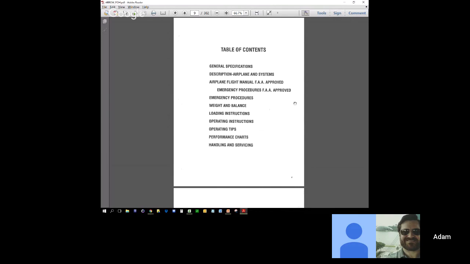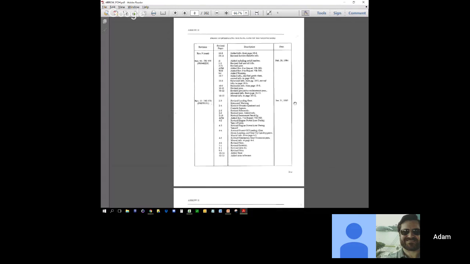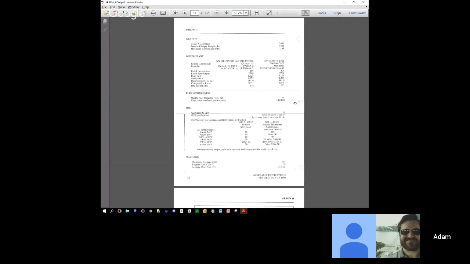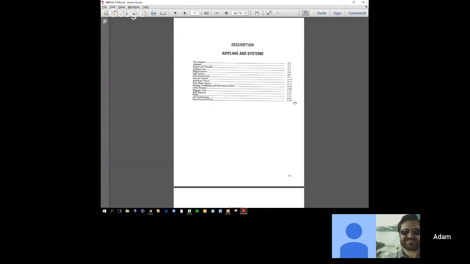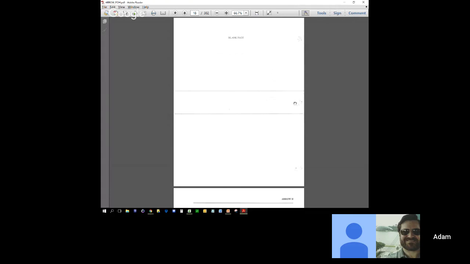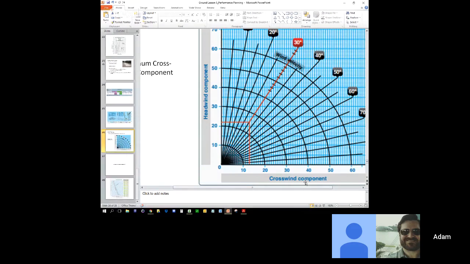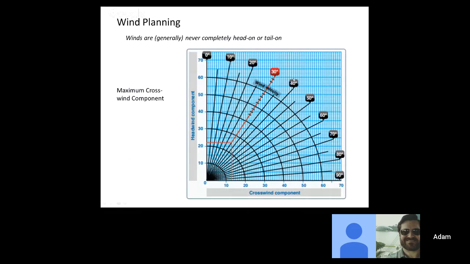All right, weight and balance, emergency, flat, okay. Well, I don't want to waste our time trying to thumb through this, but there is a tiny section in here that basically says that the aircraft is certified to a certain crosswind limit.